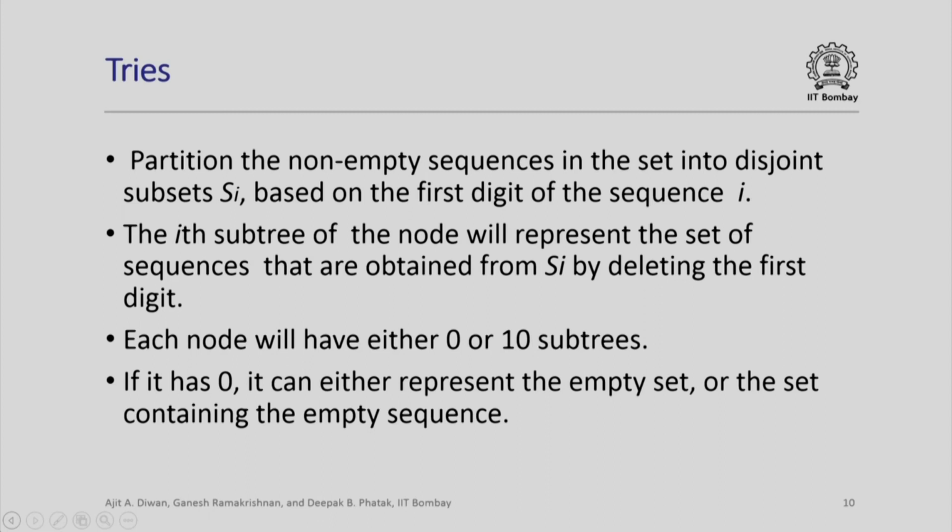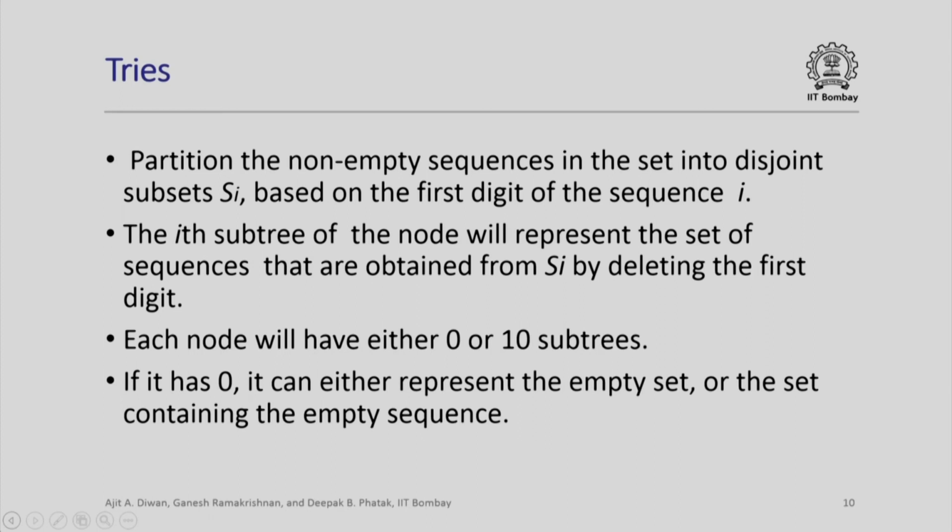Now the ith subtree of the root node will represent the set of sequences obtained from Si by deleting the first digit. So we take all sequences starting with 0, remove the first digit 0 from them, and whatever remaining sequences we get, that set is represented by the 0th subtree of the root node.